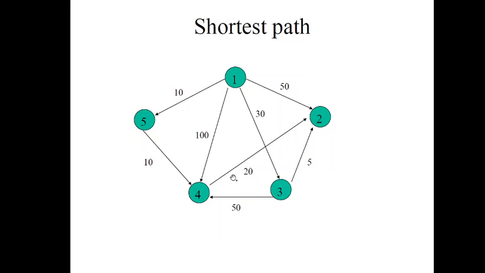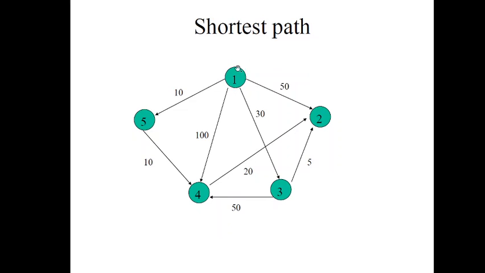Out of all these weights, the least weight path is 1 to 3 and 3 to 2, that is 30 plus 5, 35. That is the shortest path from 1 to 2. Like this, we will compute the shortest path from 1 to 5, 1 to 4 and 1 to 3. This is the single source shortest path.